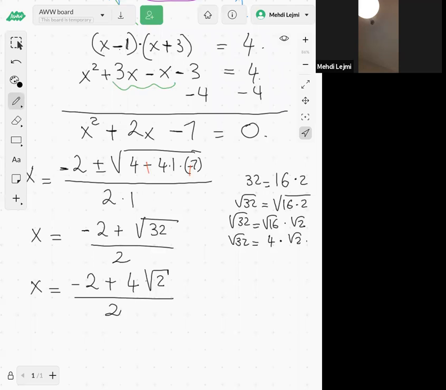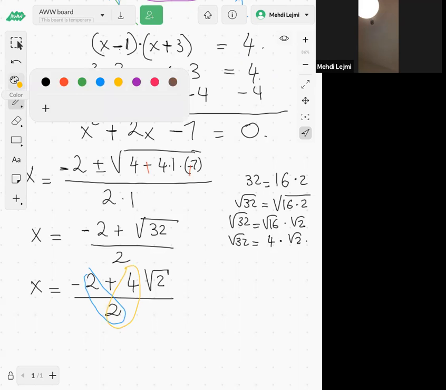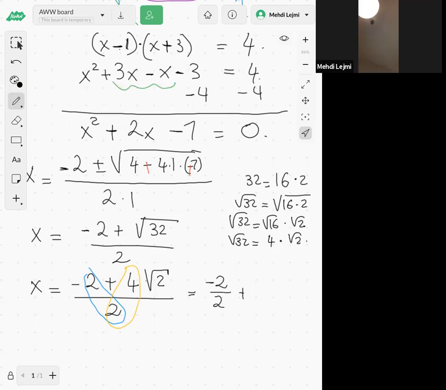So it's like we divide the 2 by 2, right? And also the 4 by 2. Okay, so this is minus 2 over 2 plus the 4 square root of 2 over 2. Plus or minus, sorry, here I forgot plus or minus.